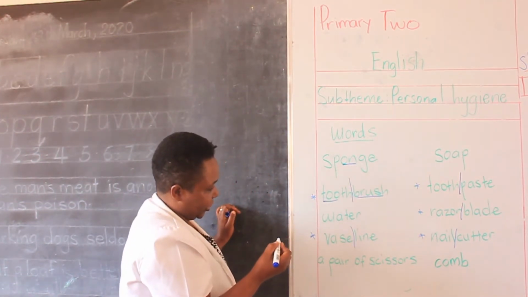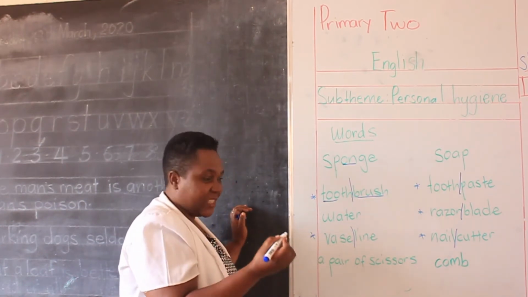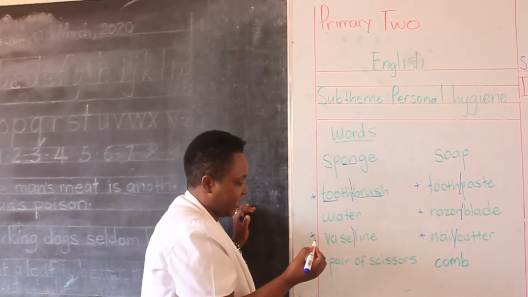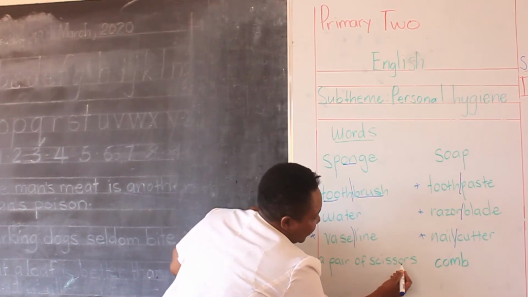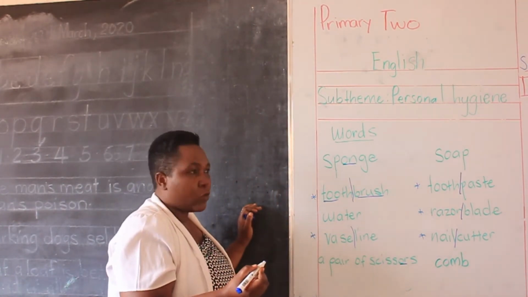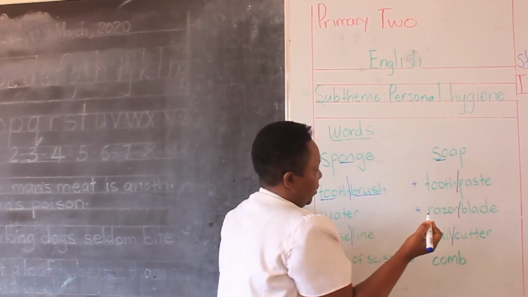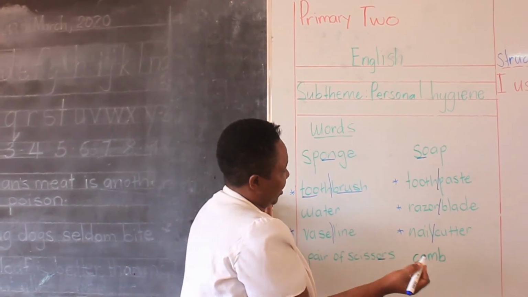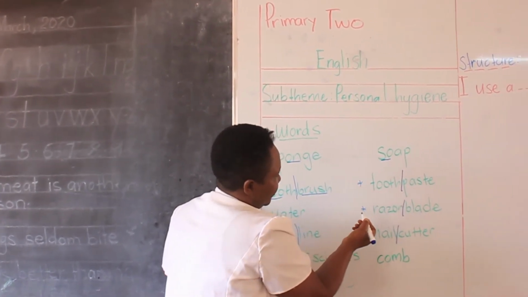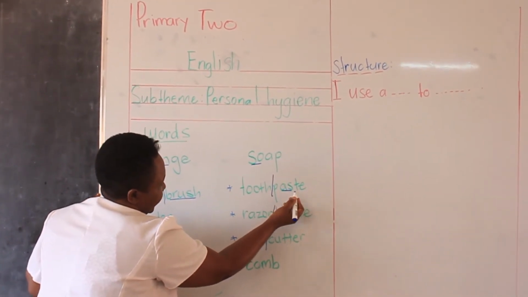So let us continue with the word a pair of scissors. Our interest is scissors. In the word scissors, we have the small one as or. When we go to the word soap, we also have a small word soap. When we go to the word toothpaste, we have the word tooth itself and paste, but we also have the word as.